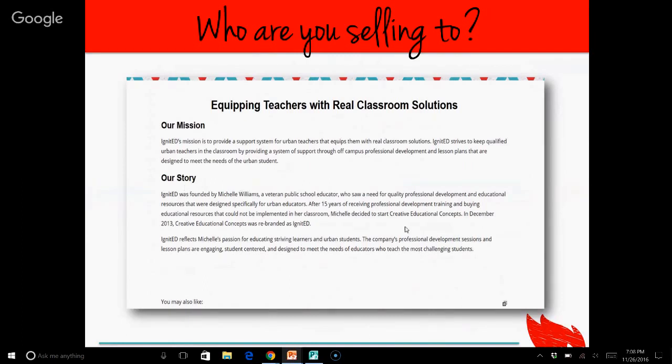It tells a little bit about my story, and this is what basically made me realize who I was targeting, because I worked with new teachers in Louisiana, and the new teachers were struggling because they really did not have a support system. Then they were working with high needs students.